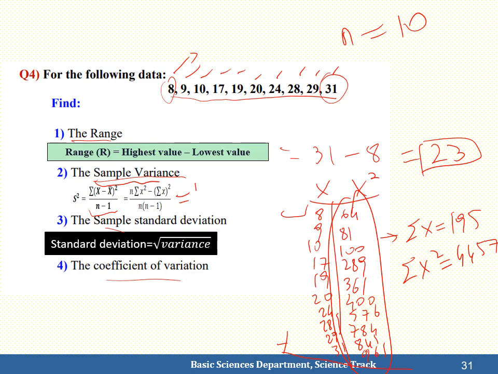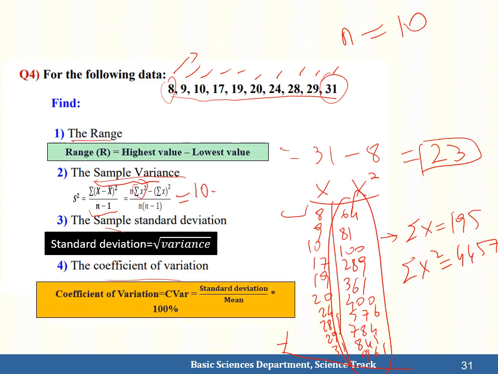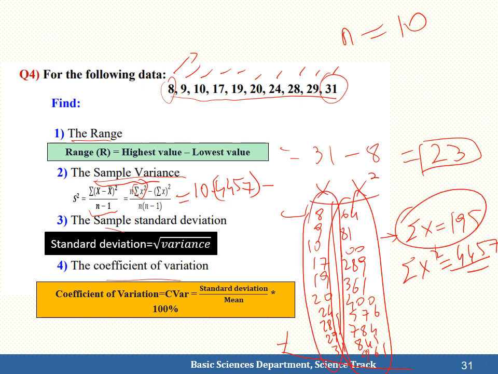We have to write here 10 times 4,457, then minus the sum of x, this was 195, 195 squared, divided by n times n minus 1, 10 times 9. So if you calculate this one with a calculator, you will see the answer is 70.72. So it will be 72.72.